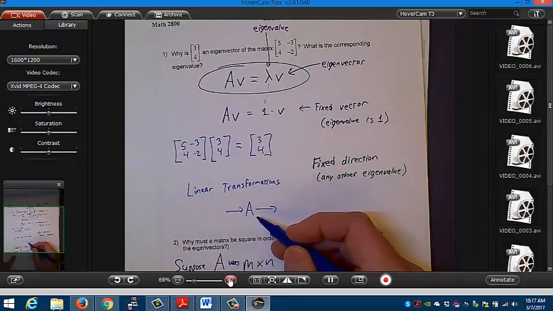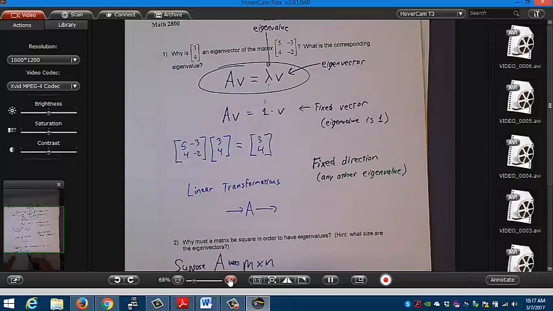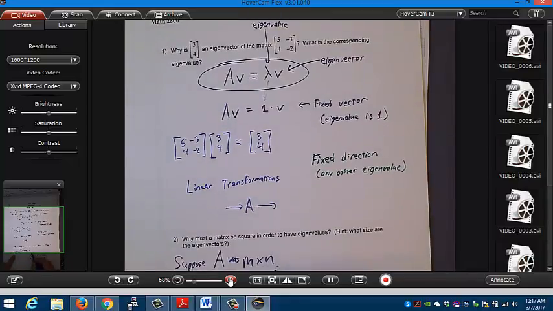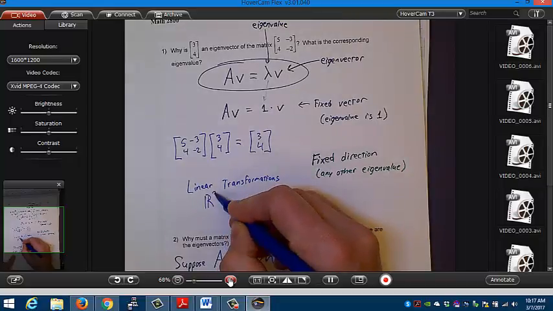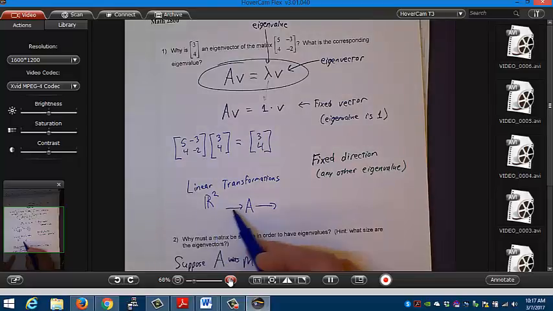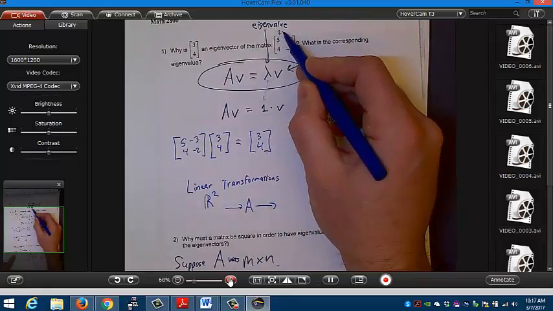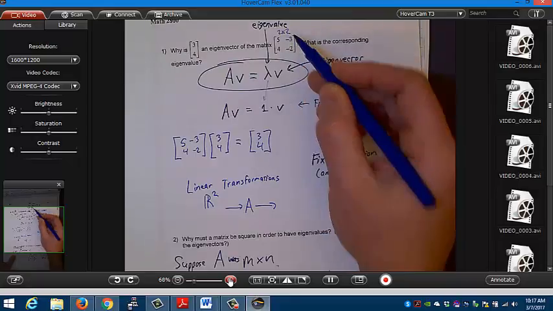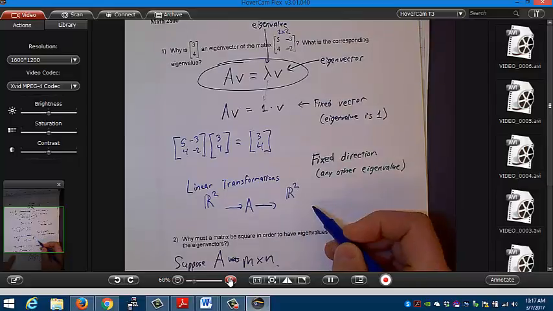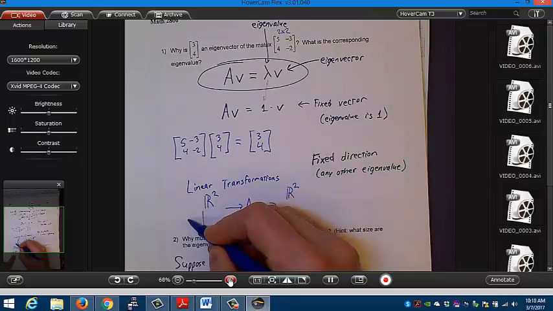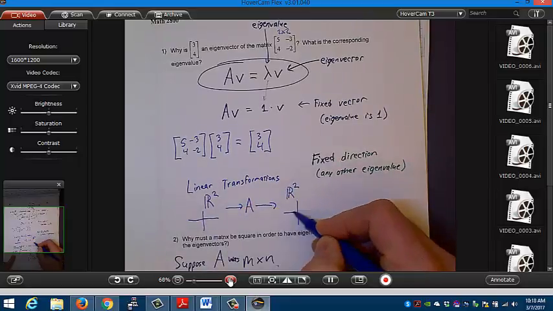That's right. If it's an m by n matrix, it's a map from R^n to R^m. What are the dimensions of A in our example? This matrix is 2 by 2, right? So this is a map from R^2 to what? To R^2. Okay? So basically, everything on the plane gets mapped somewhere else on the plane.